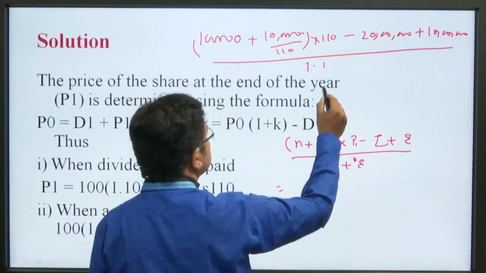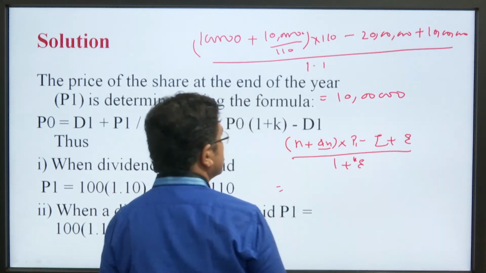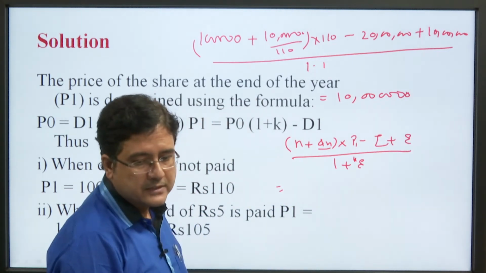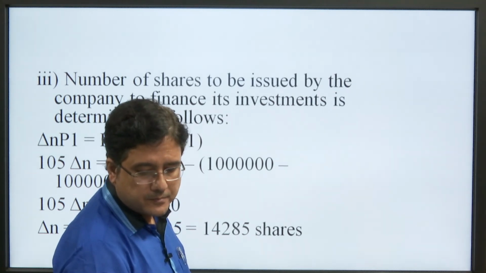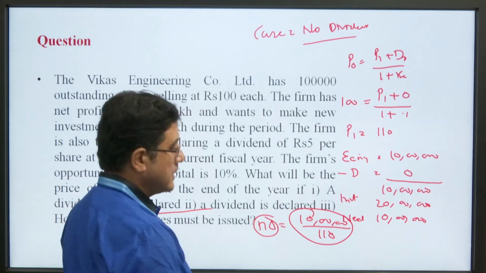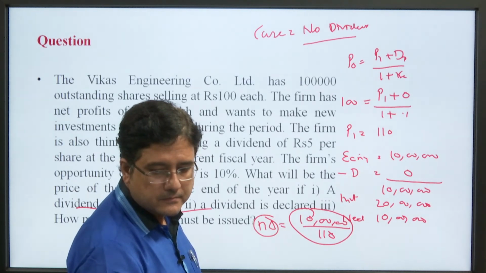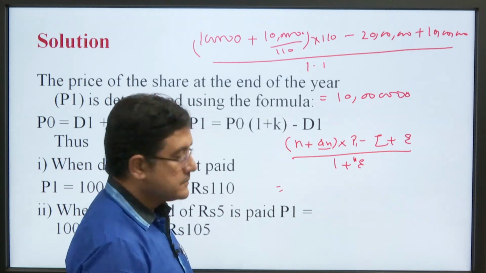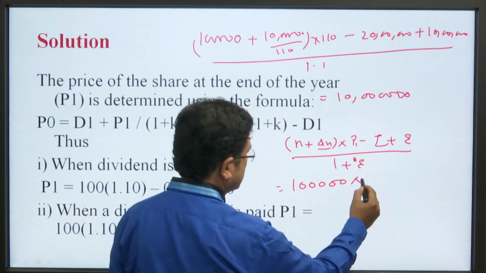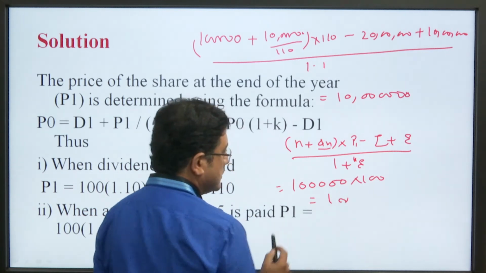So, when we calculate this, the amount we will receive is 1 lakh into 100. So, the value of the firm is 1 lakh into 100, 1 crore, without paying the dividend.